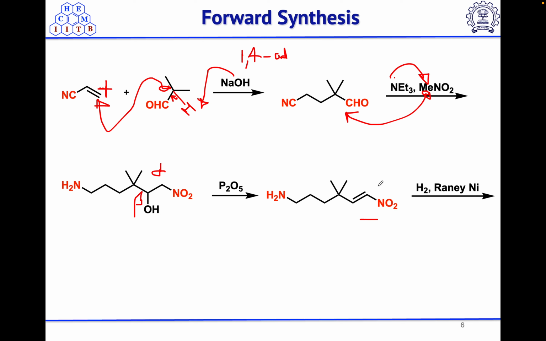Okay, so what you will get in the next step, so basically reduction will happen in this compound. So what type of reduction will happen and what product you will get, just write down. So you have nitro, this double bond and amine. So which reduction will happen?